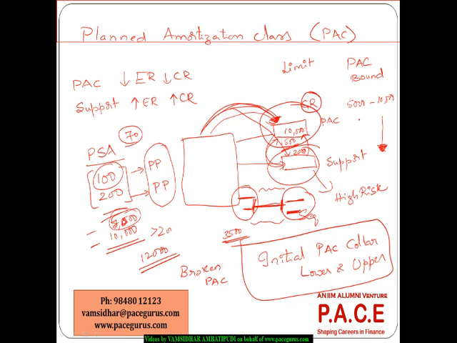In the case of the PAC tranche, in the initial region, as the PSA increases, the average life keeps reducing, and for the PSA lying within the collar, the average life will be constant, and after that the average life will decrease.